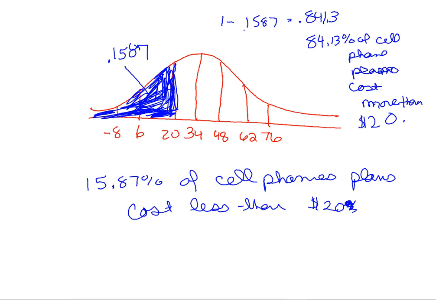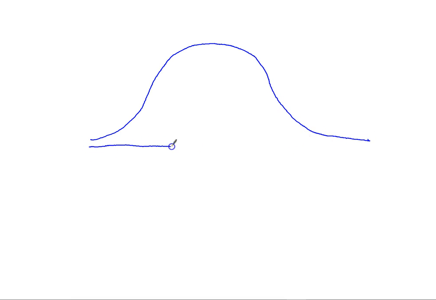Okay, and then it talks about symmetric distribution. So we know that this is symmetric right here. And these are questions that they're going to ask you in 7.1. This is a normal curve, and here's our mean. It's always in the middle. Well, our median is also in the middle because 50% of it has to lie below and 50% lies above.